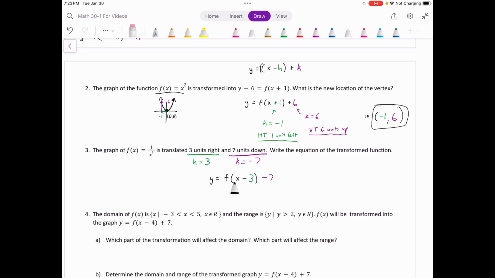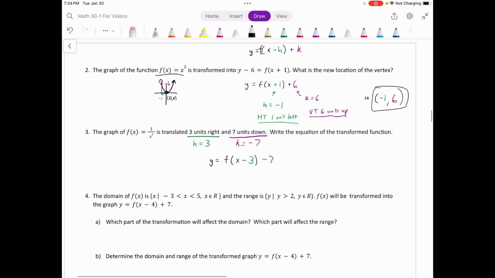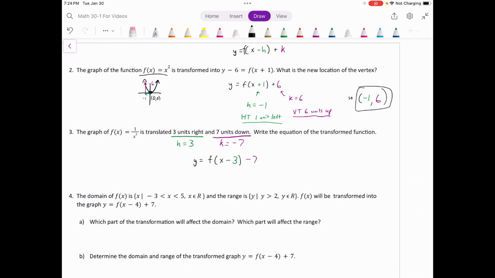And then if we take that f of x minus 3 and subtract 7, we will have translated it 7 units down. So to show you what I mean, if I replace x in the original function with x minus 3, that tells me I want f of x minus 3. So replace x with x minus 3, and then whatever that gives me, subtract 7 from it.